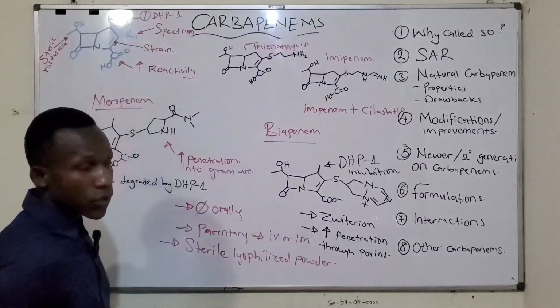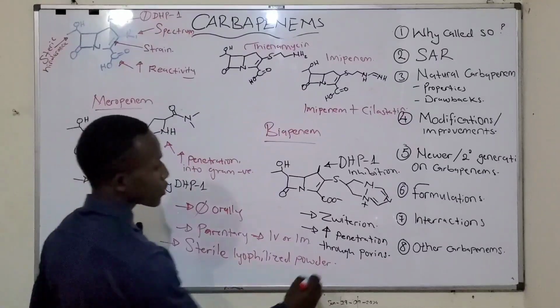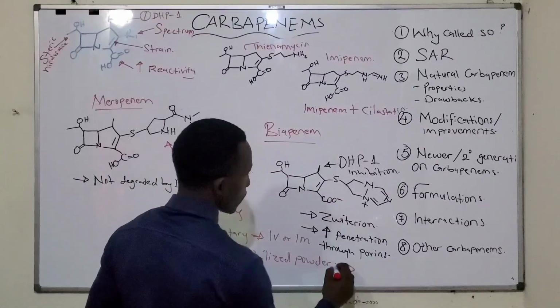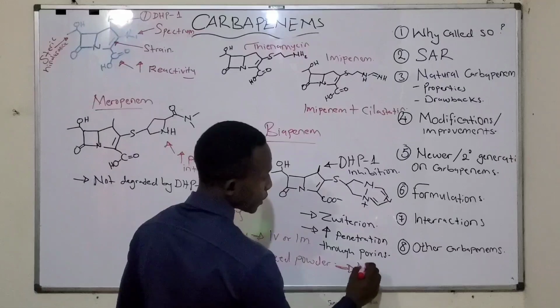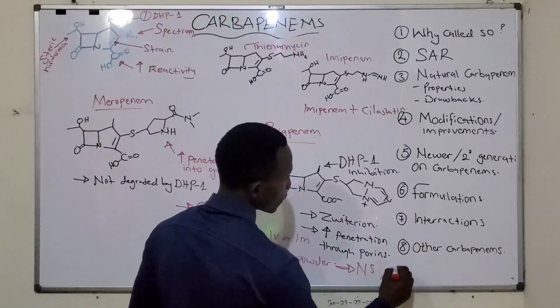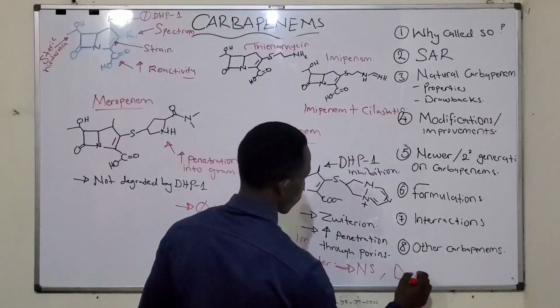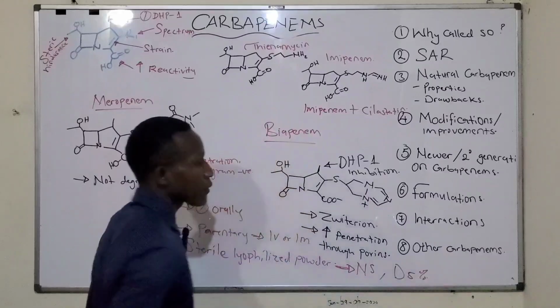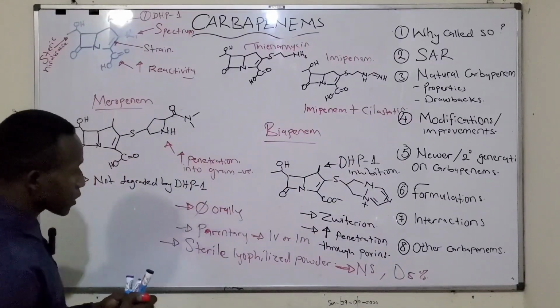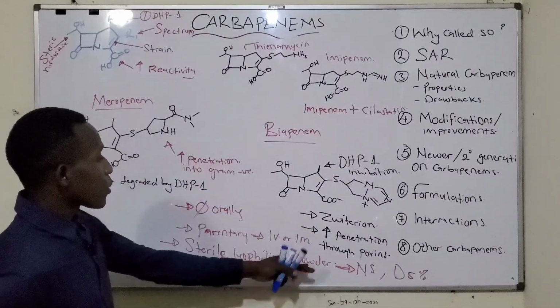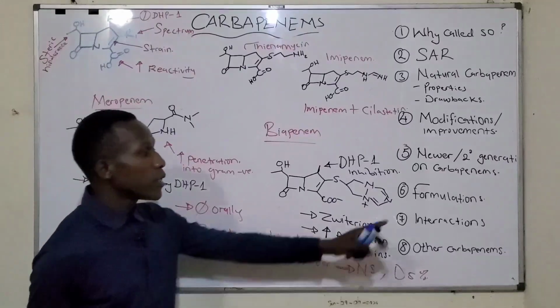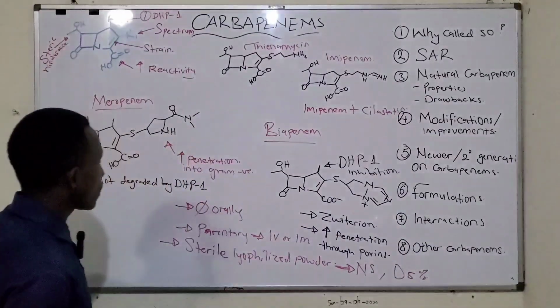Because they are unstable in solution, they are made as powders for reconstitution, either in normal saline or with dextrose 5%. Those are the formulations.